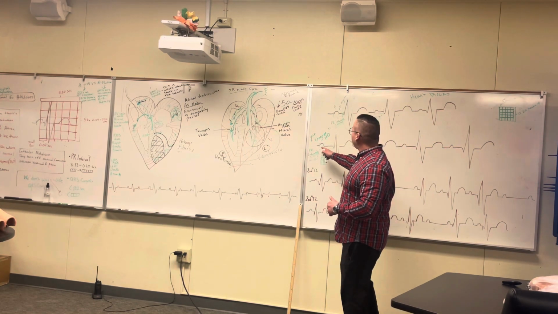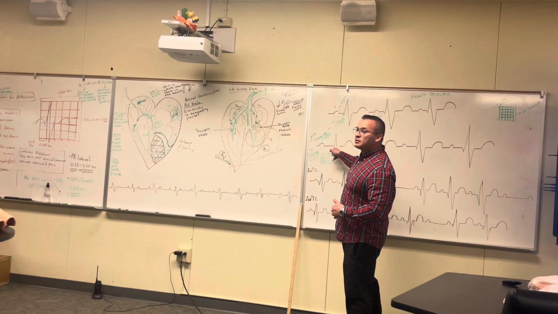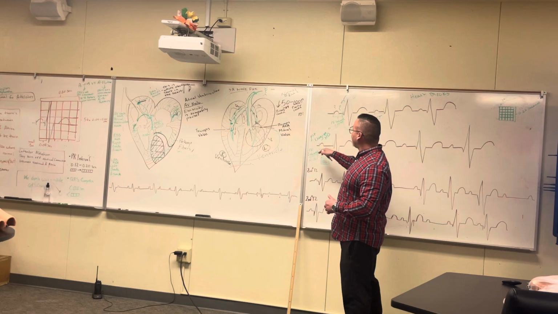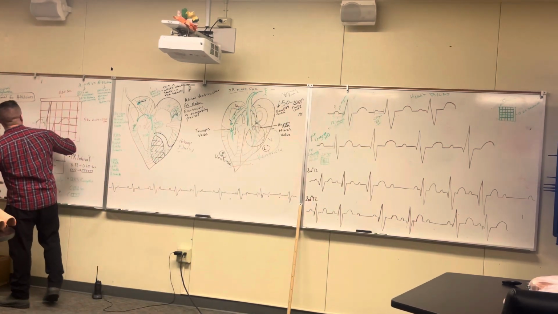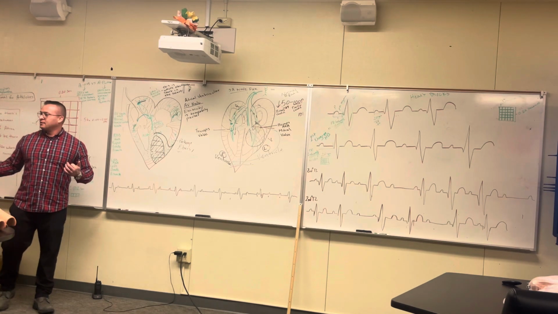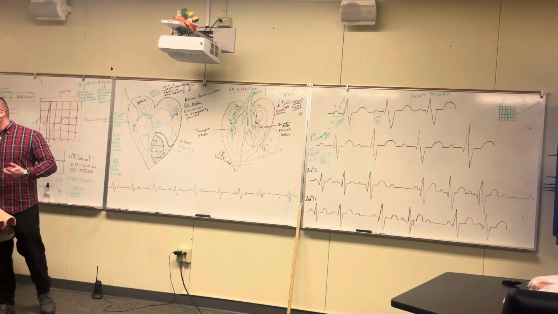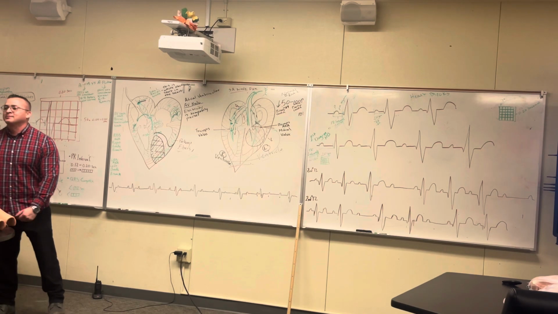So if this PR interval from the beginning of the P to the beginning of the QRS is wider than 5 little boxes, which equal one big box, I have a first degree heart block. Right? Freddie, what does that mean to you now? It's wider than 0.20. Awesome.